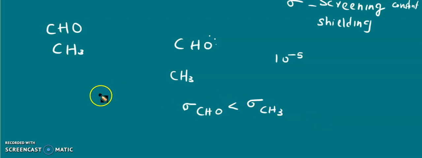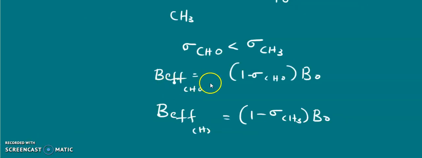So suppose we have applied a field B0, and the effective magnetic field for the CHO proton is greater than the effective magnetic field for the CH3 protons. From these equations, we can see that sigma CHO is small, so B effective is greater in CHO compared to the B effective in CH3, since in CH3 sigma is high.